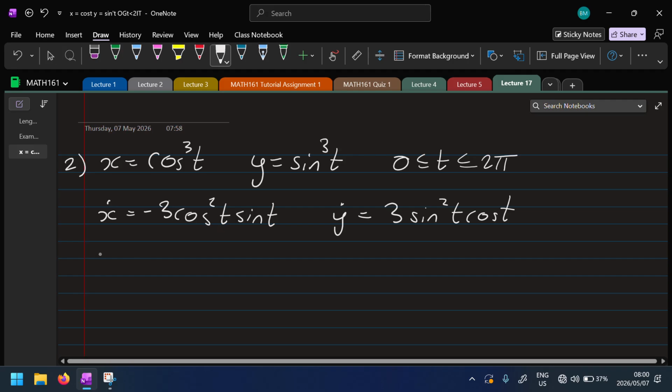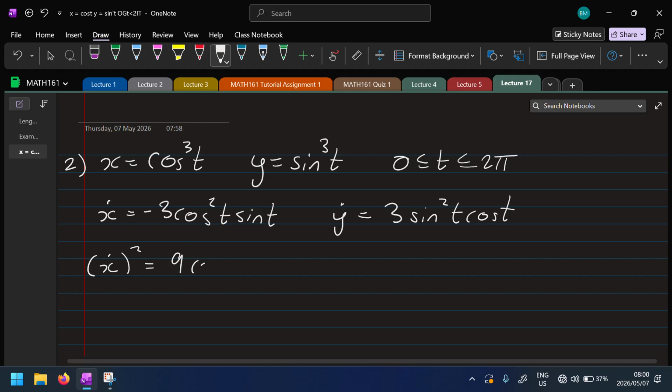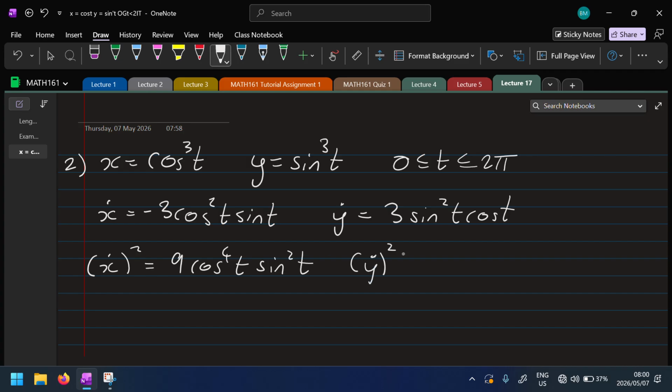So x dot squared will be 9 cos to the 4 t sine squared t, and y dot squared will be 9 sine to the 4 t cos squared t. It's getting quite complicated, but it's not so bad. So we've got the x component squared, the y component squared.